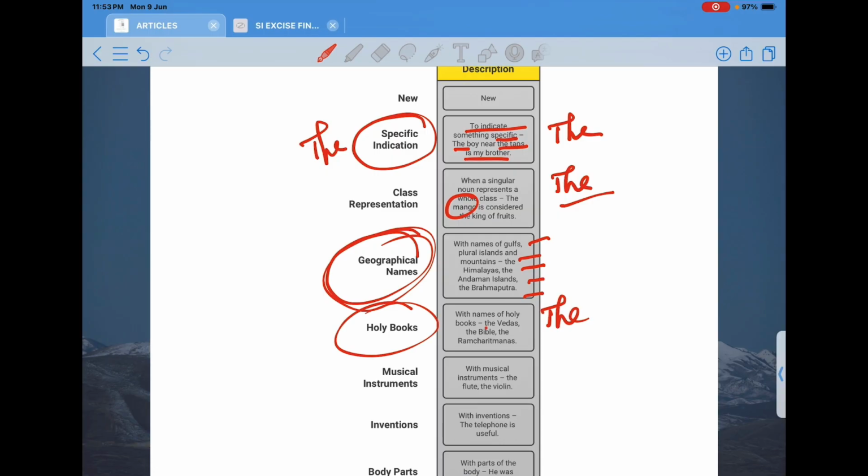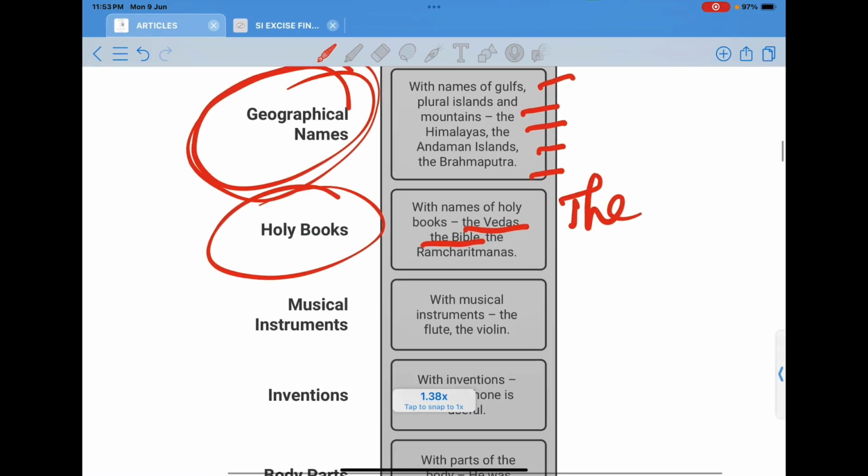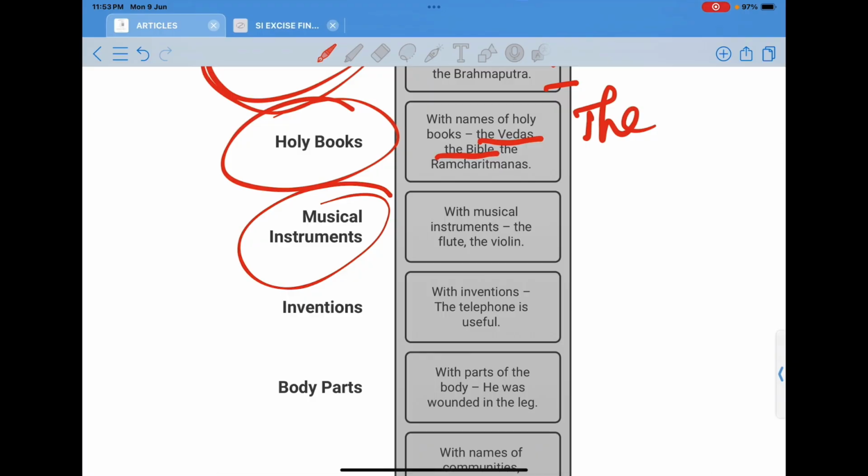For example, the Vedas, the Bible, the Ramcharitmanas, etc. Then musical instruments. Before musical instruments also you have to use "the". For example, the flute, the violin, etc.